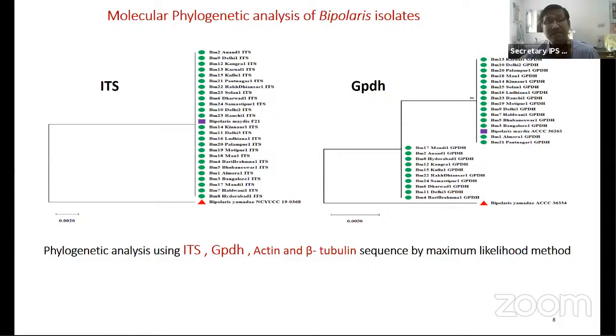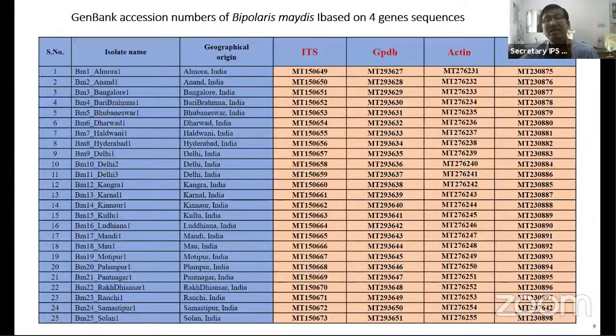Here in this dendrogram, I have shown 2 only. You can see the accession numbers we have collected from GenBank for each of the ITS, GPDH, actin, and beta-tubulin genes, and we submitted. And based on the ITS characterization, some of the important isolates we have deposited in our Indian Type Culture Collection to obtain the accession number. So it is confirmed that this is nothing but Bipolaris maydis.